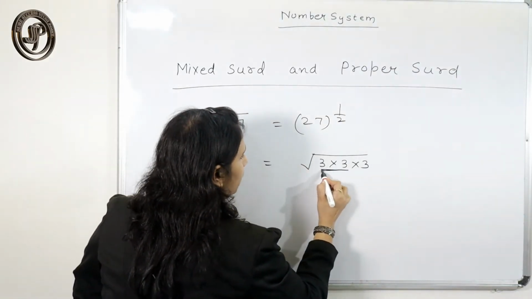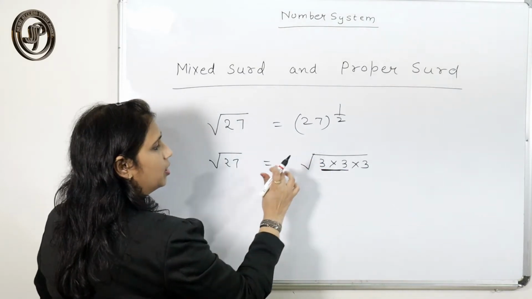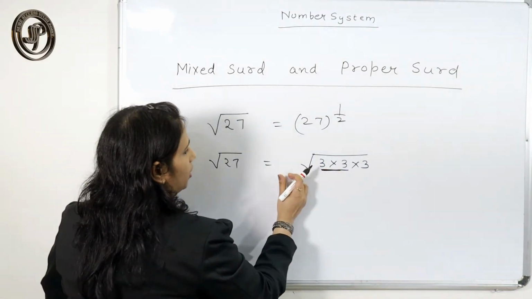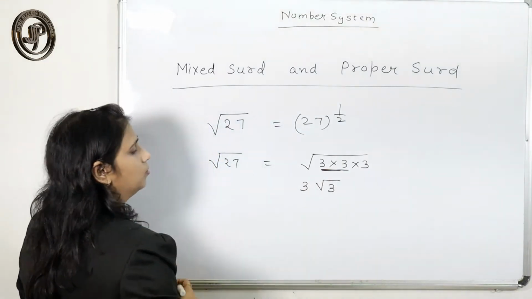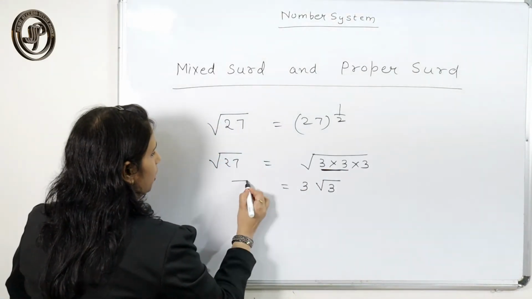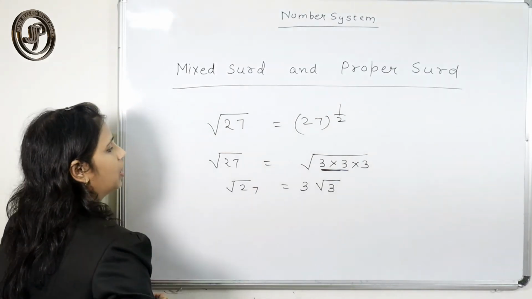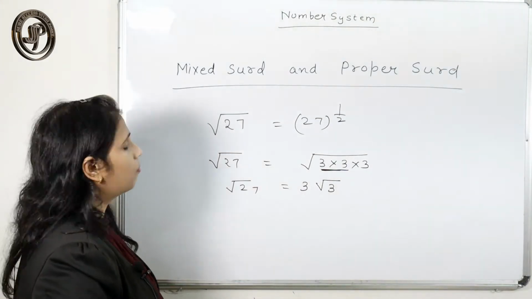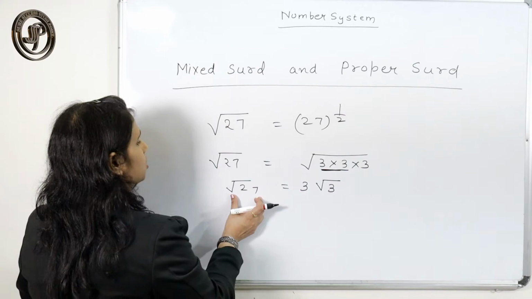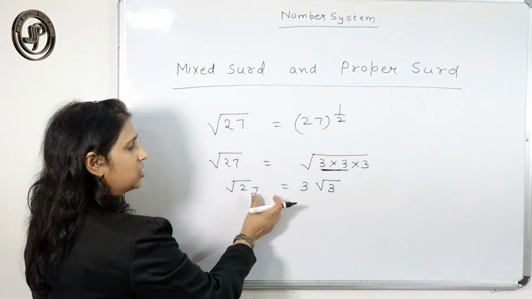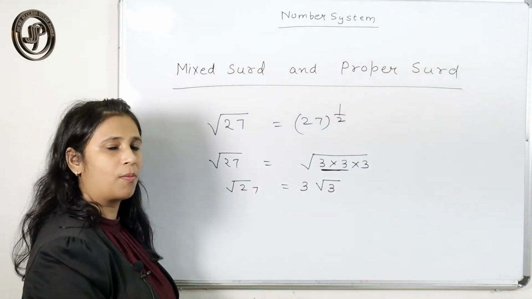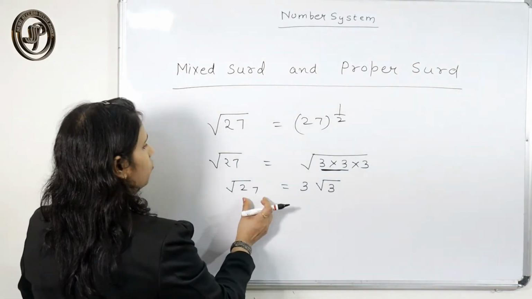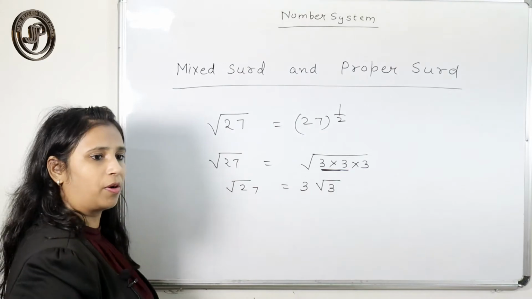So you can make a pair of 2, and you can take this 3 out. When you take this 3 out, this becomes single. So root 27 can be written as 3 root 3. That is a very important thing. This is one form of writing the irrational number, and the same irrational number can be written in this form. This is what is your mixed form, and that is the proper form.